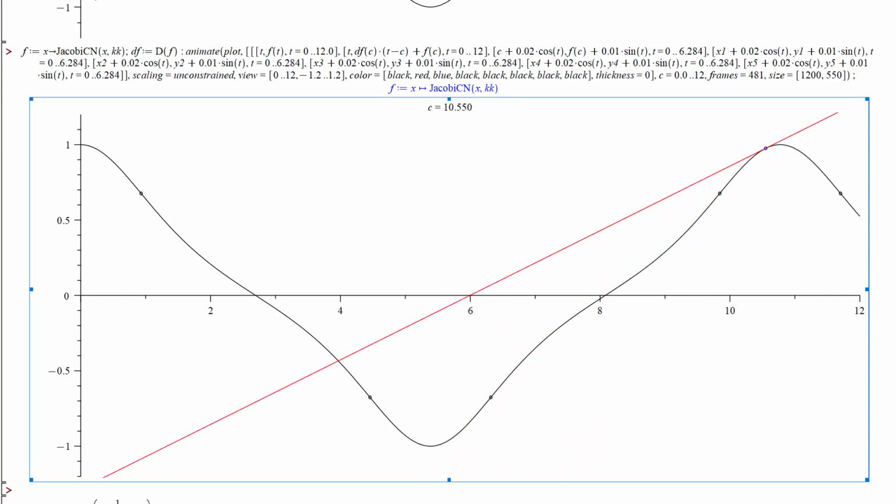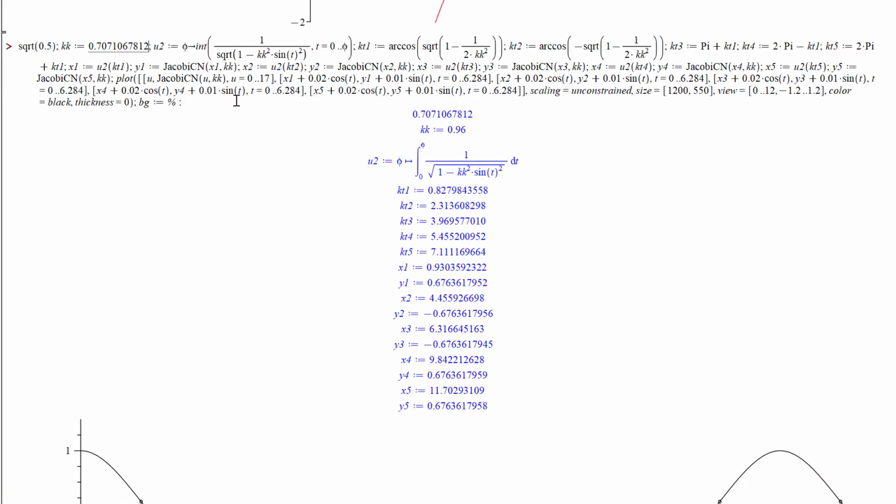The points of concavity start appearing when k equals root 2 over 2, the square root of 1/2. So if I type in this decimal approximation of square root of 2 over 2, it is rounded up. That 812 was rounded up. So if you had more decimals, it would be 811, and I forget what comes after that 1, but something bigger than 5, so it rounds to 2.